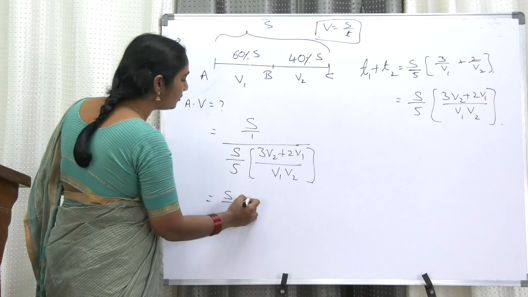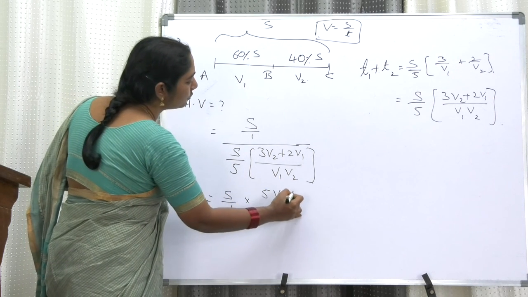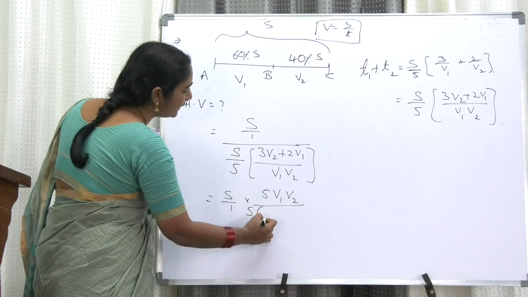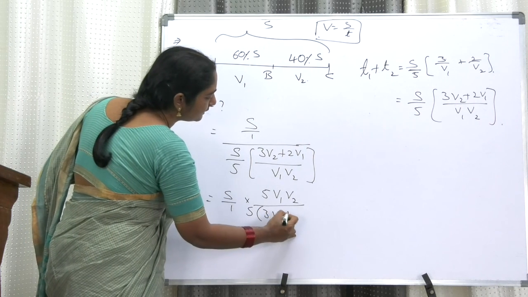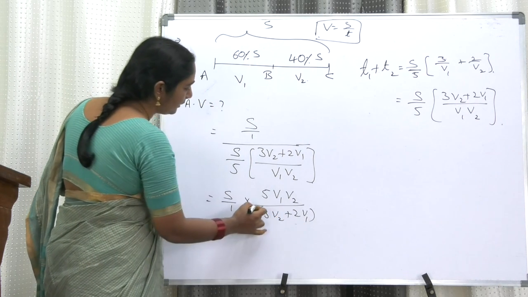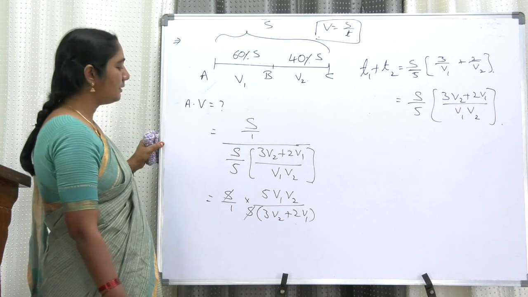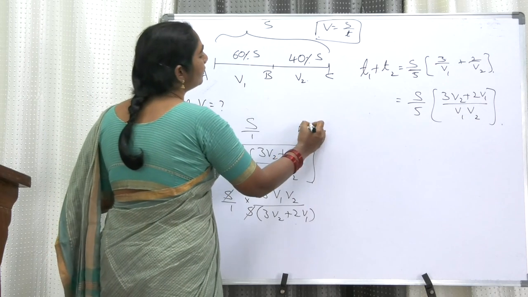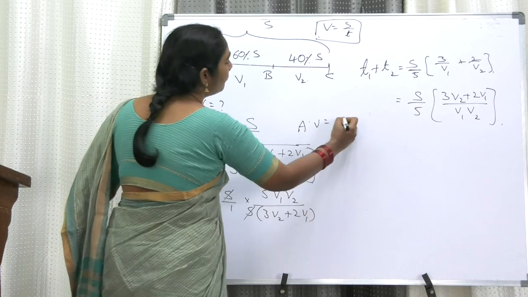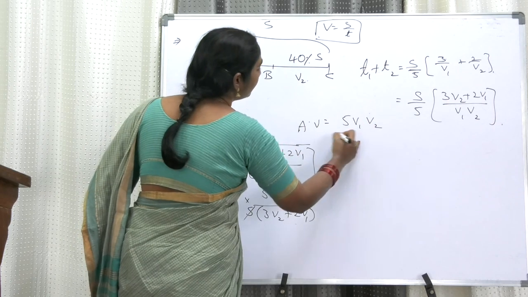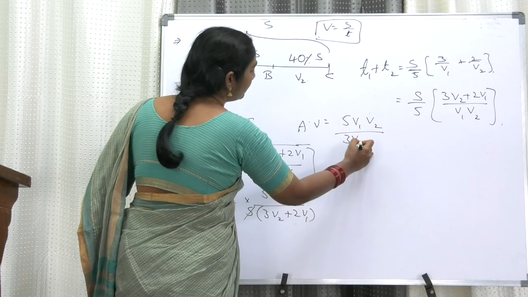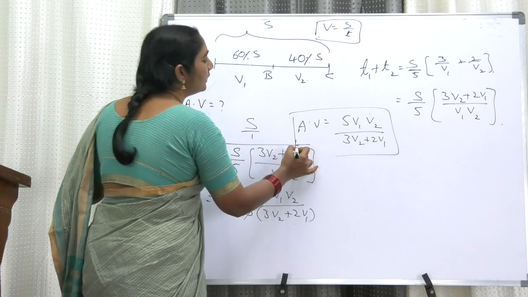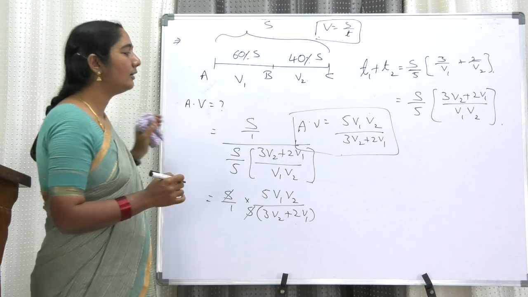Means S by 1 into 5v1 v2 by S into (3v2 plus 2v1). This S and S can be cancelled. So now we got the final answer: average velocity is equal to 5v1 v2 by (3v2 plus 2v1). Now the author is asking us to find the formula, and now we got the formula.